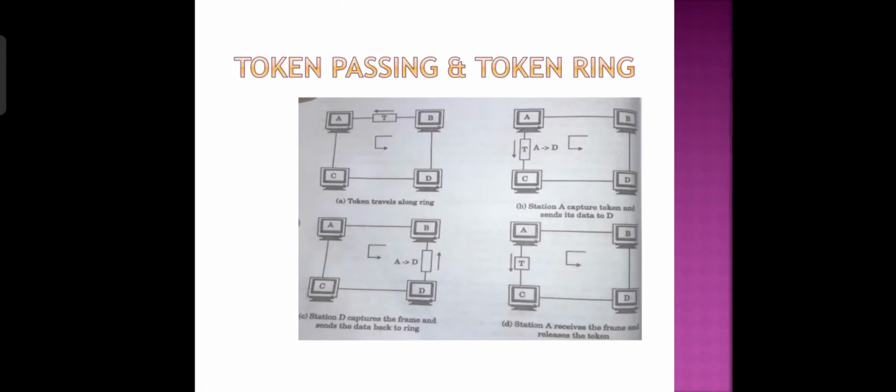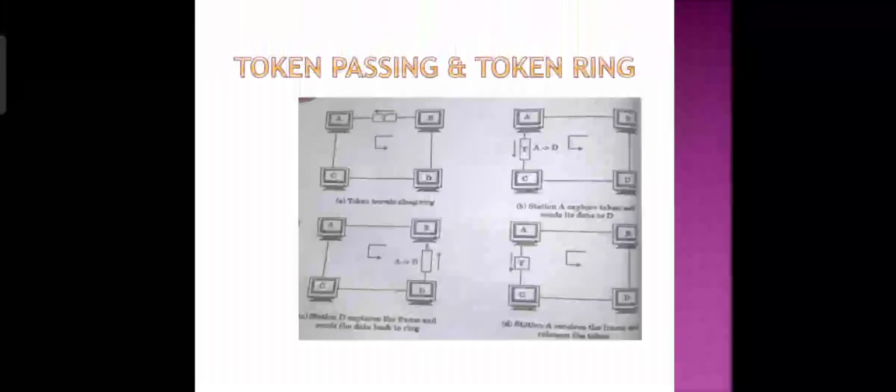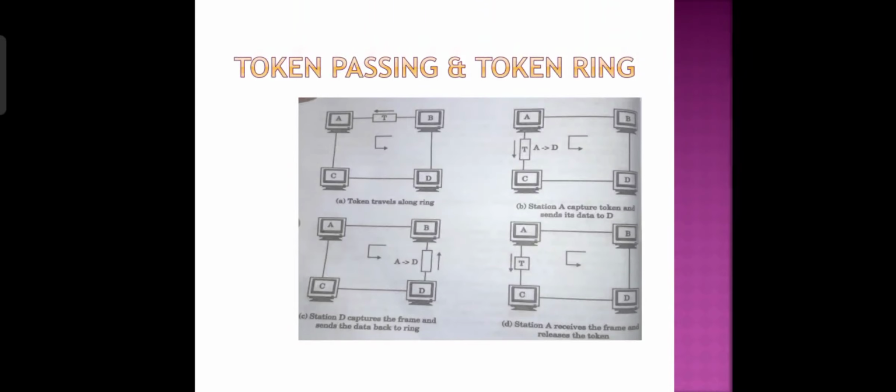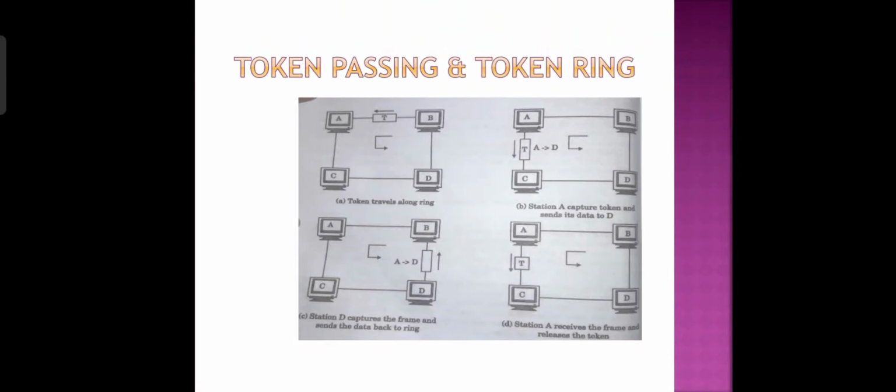Whenever the network is unoccupied, it circulates a simple 3 byte token. This token is passed from NIC to NIC in sequence until it encounters a station with data to send. That station waits for the token to enter its network board.